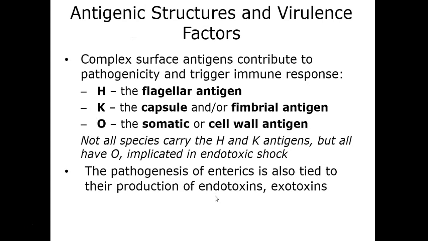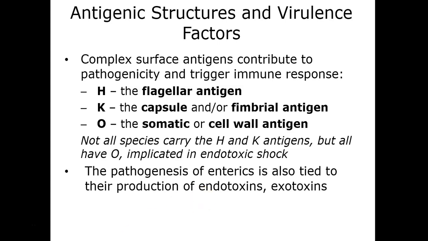This slide is extremely important, however, to know. There are antigens that are displayed on the surface of these Enterobacteriaceae that contribute to virulence and the ability to trigger an immune response. So there are three antigens that we often describe with a letter.